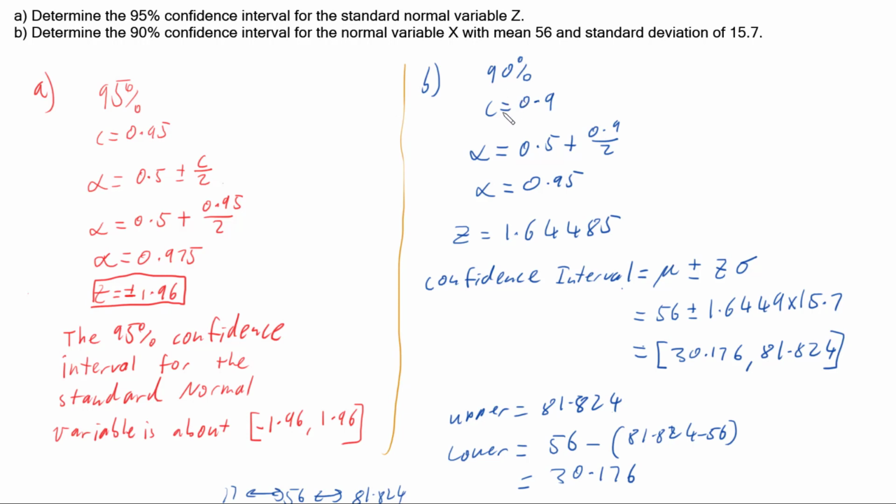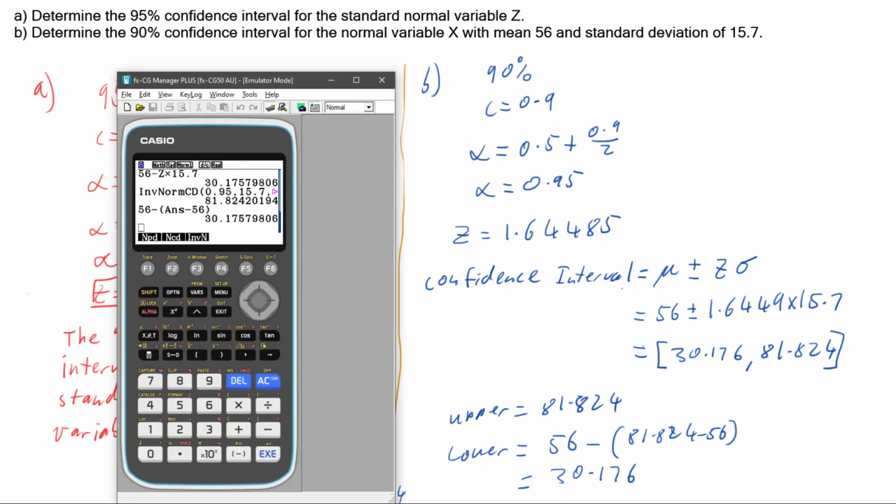If I've got a normal variable with a different mean and standard deviation, I can either work out my z-score and then add or subtract my z-score times my standard deviation from my mean, and it'll give me my confidence interval. Or if I put my mean and standard deviation into the inverse normal, I can get my upper or my lower, depending on whether I used the plus or the minus when working out my proportion. And then I've just got to work out the opposite.